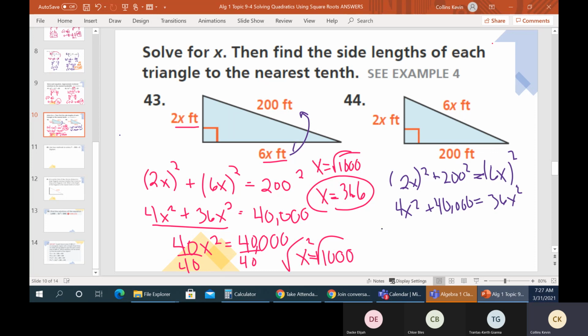So the big difference here is last time we added the 4 and the 36. This time we're going to subtract the 4 from the 36. So we're going to get 40 grand equals 32x squared. So divide by 32, rapidly run out of space. That's okay, we'll get it done.